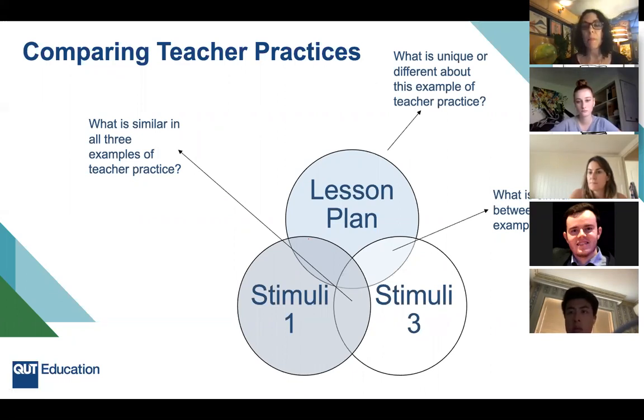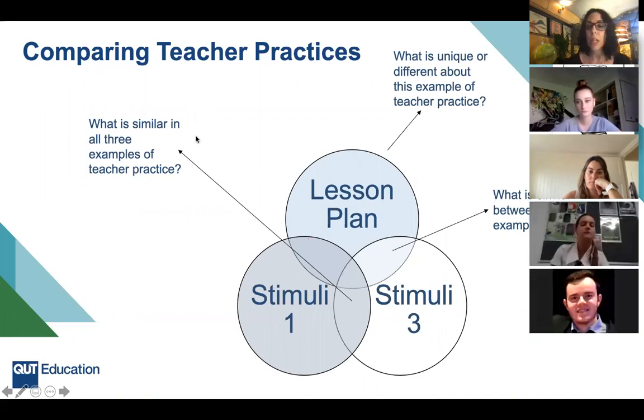Because when we plan, it often can be very different to what we implement for so many reasons. Things could go pear-shaped, as I mentioned before, or the students just may not be engaged. So you need to change direction. Okay, so who would like to share?